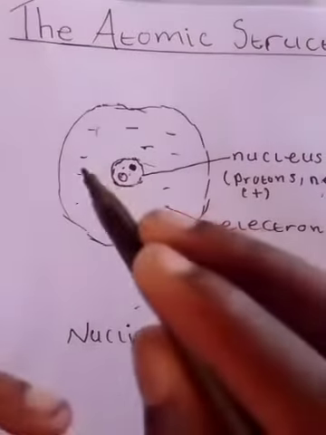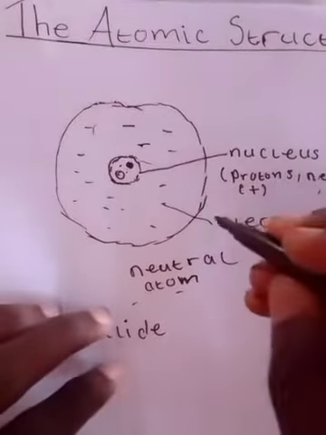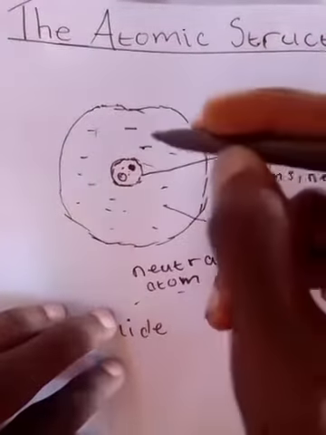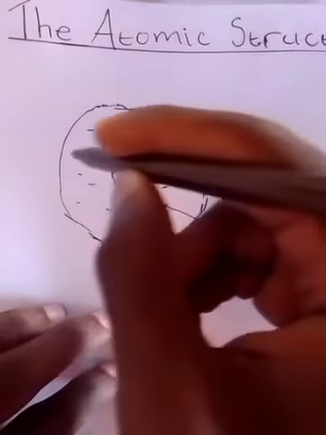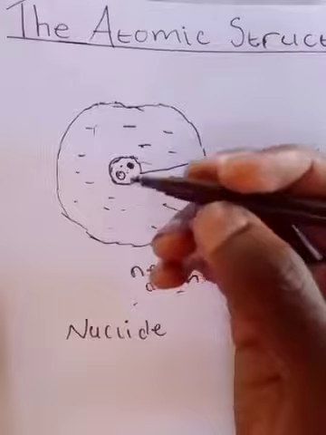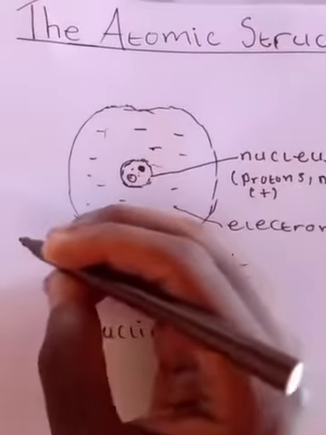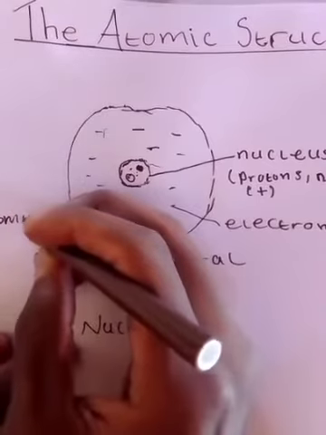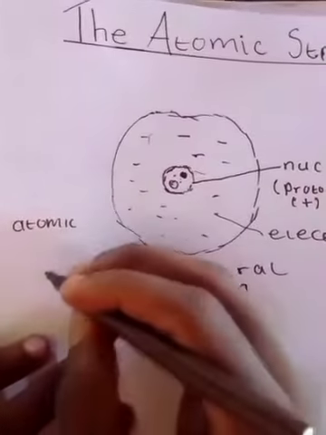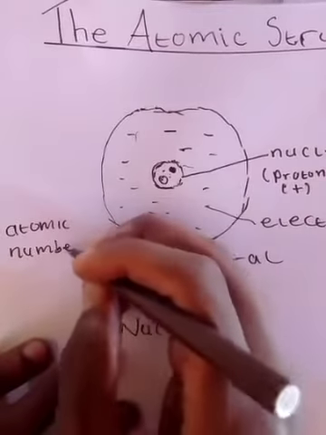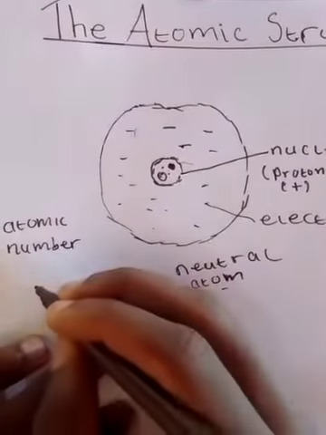One more thing that you should know is that the total number of protons that are found inside an atom is what is called the atomic number, written like this. Atomic number is represented by the letter Z.